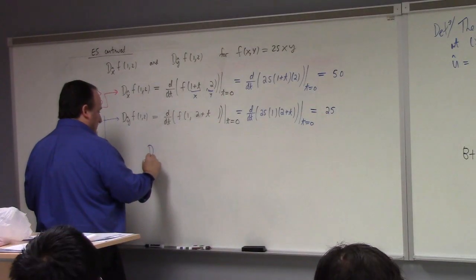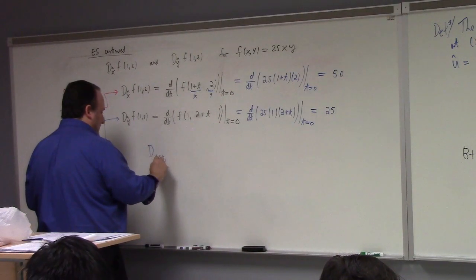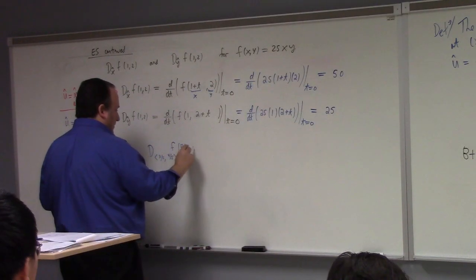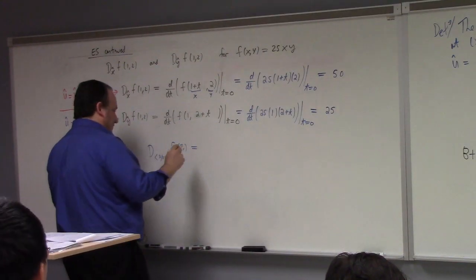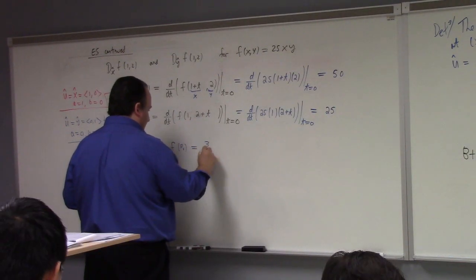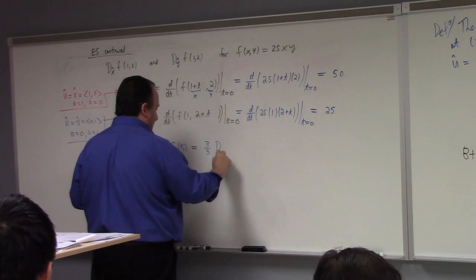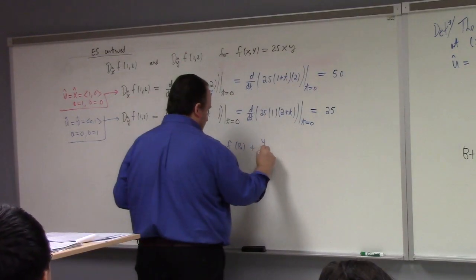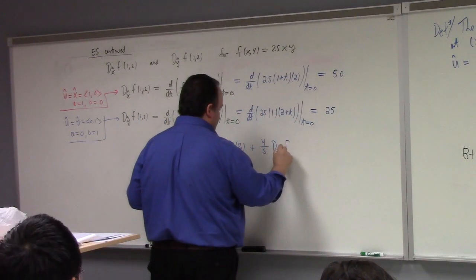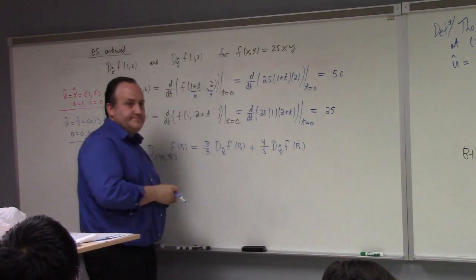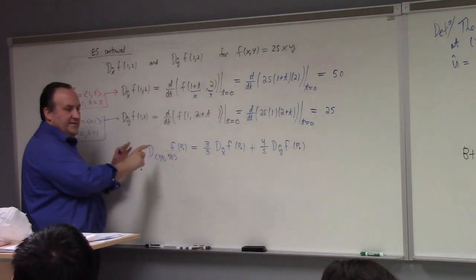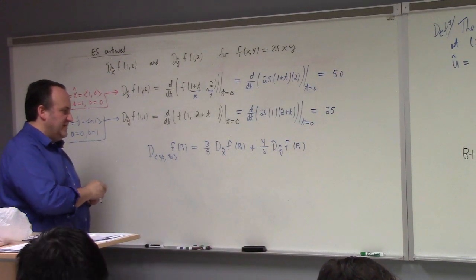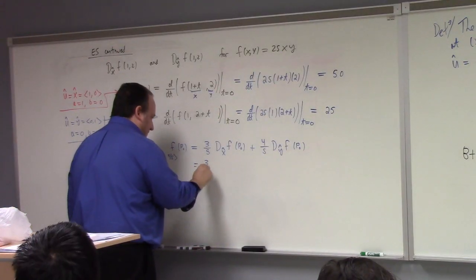The directional derivative in the (3/5, 4/5) direction of f at the point p naught, let me point out that we could rewrite this actually as 3/5 times the directional derivative in the x-hat direction of f at p naught plus 4/5 the directional derivative in the y-hat direction of f at p naught. Am I right about this claim?